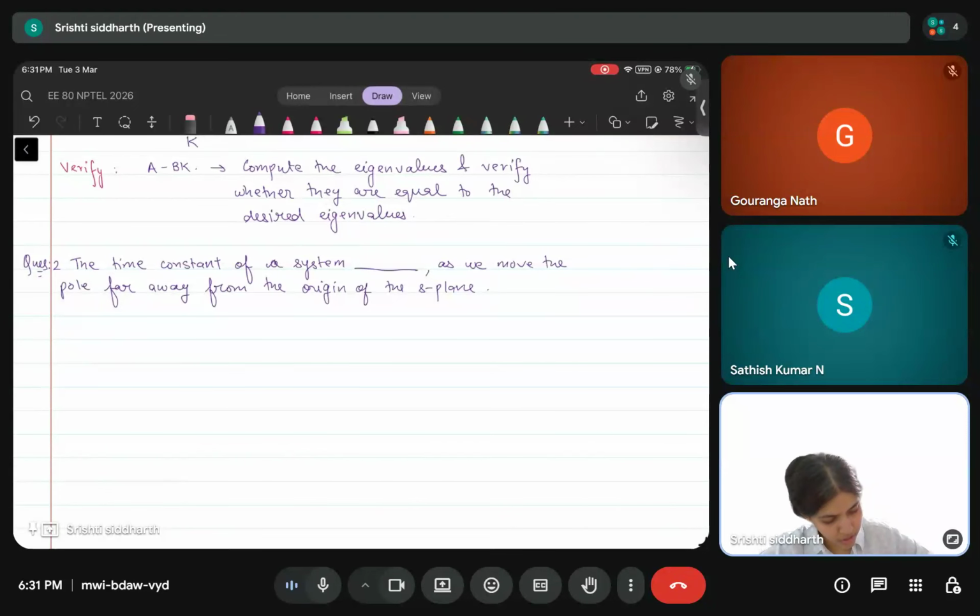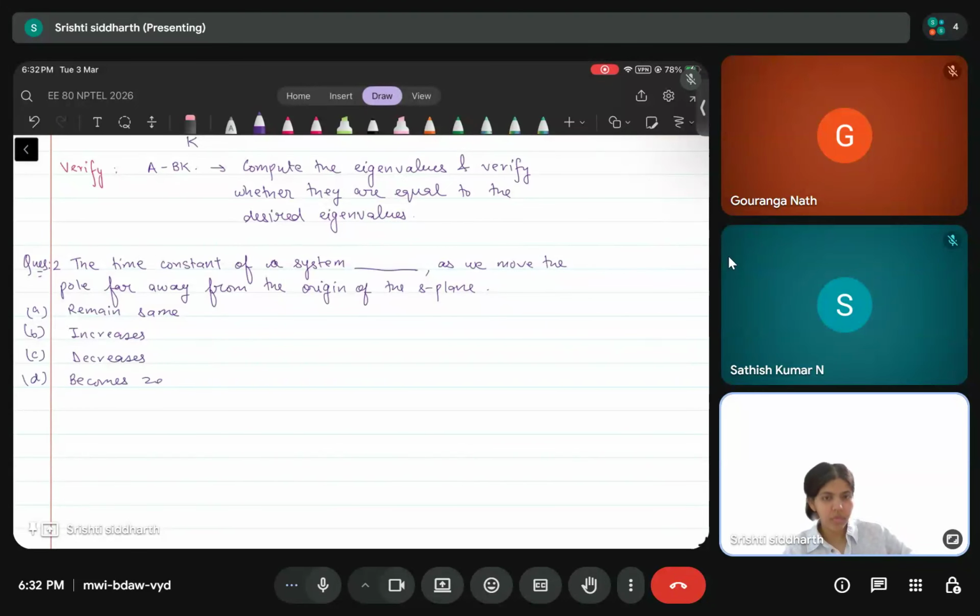We have four options. A is remains the same. So let me know what the answer is. You can either unmute yourself or write in the chat box.